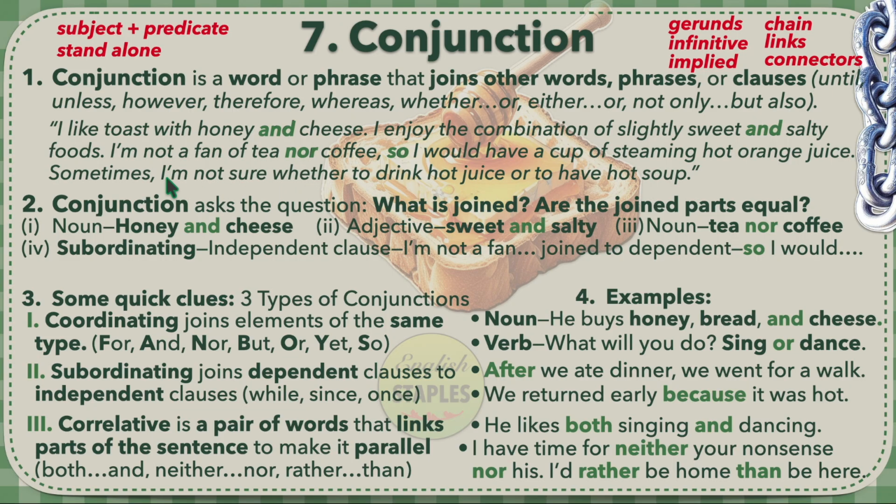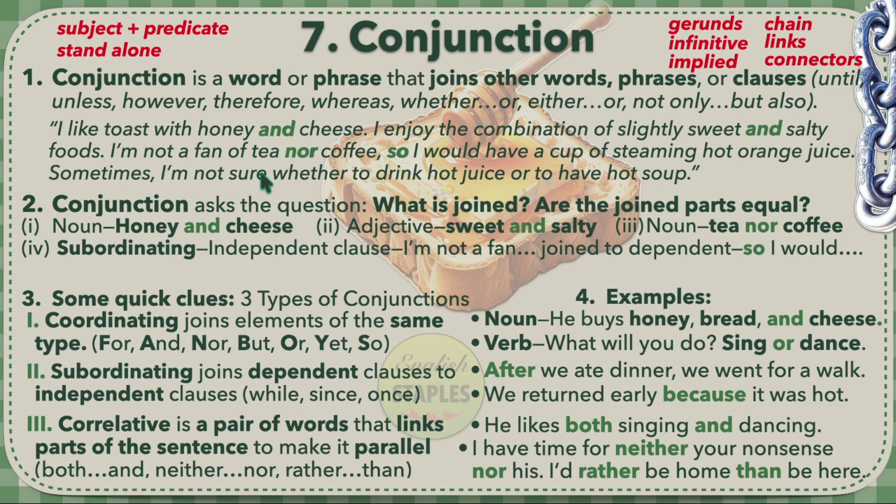Okay, so here's a clause, but then we don't have another clause. Do you see that? So it's not subordinate because we don't have two clauses. Correlative is happening here.